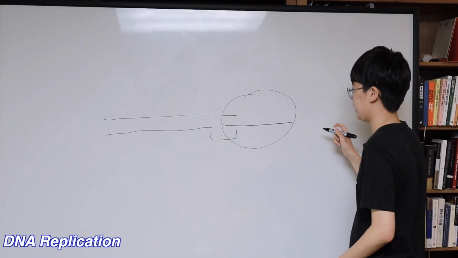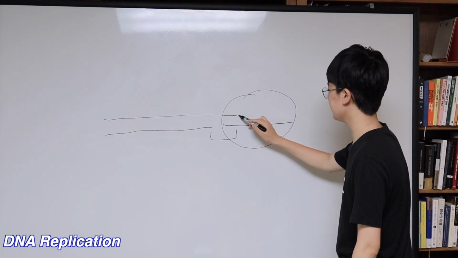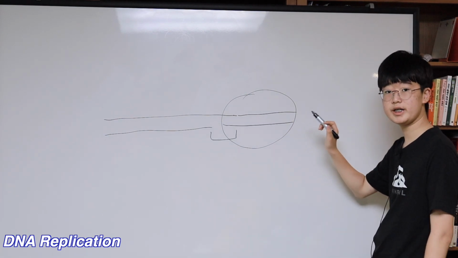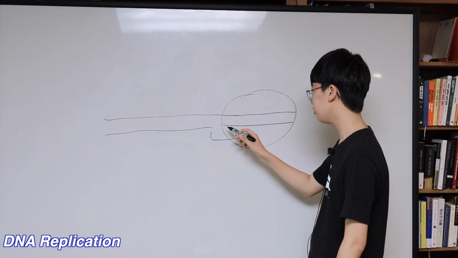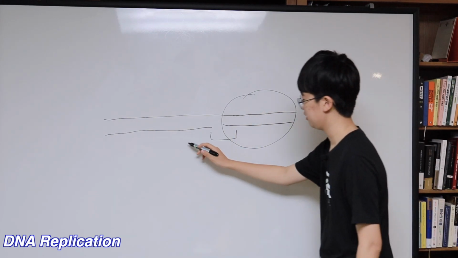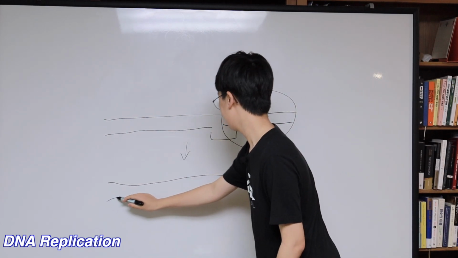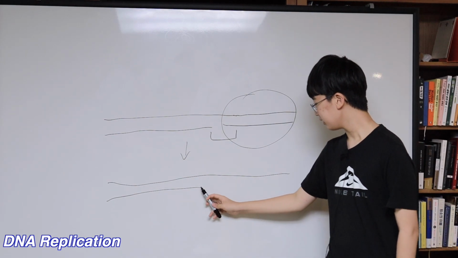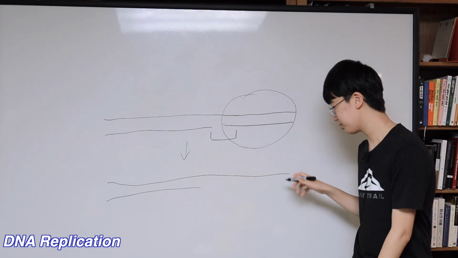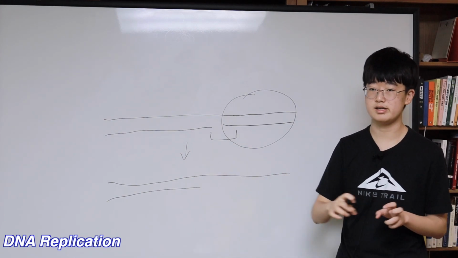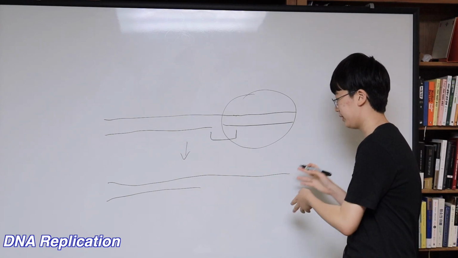This part is temporary, but it is still made. Now the telomerase goes away, and this space is long enough for the Okazaki fragment to fit in.